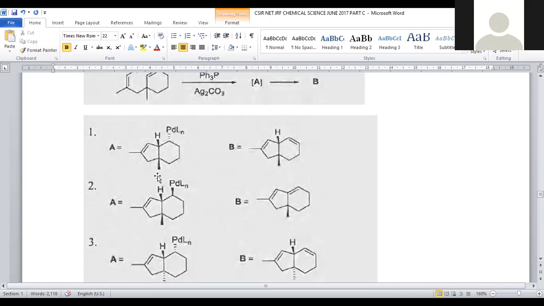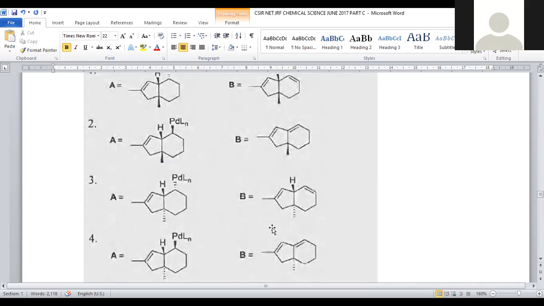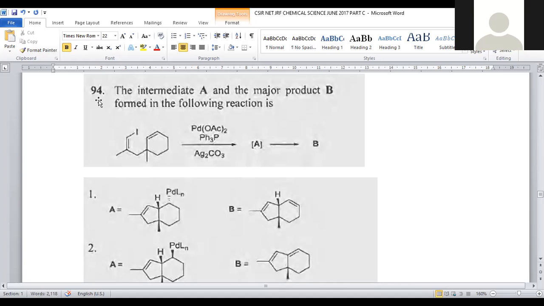Here palladium is at the back end, and here we have methyl on the front side. This is a correct statement, and already one of the double bonds is there within the reaction. And in compound B, we got a new double bond at this position by the beta-syn elimination process, and the methyl group is towards the viewer. So option 1 is satisfying the entire question, right? So for question number 94, option 1 will be the right answer.